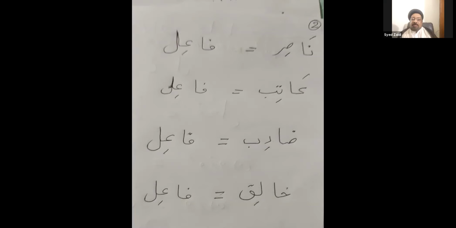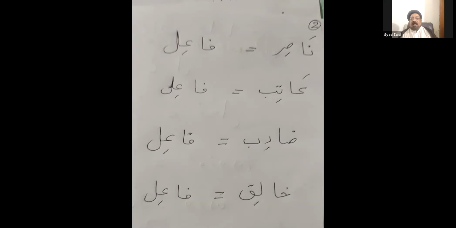Once we bring it into the templatic system, with the pattern that we have discussed before, you see katib, which means the writer. That is the mawzoon, and the wazn, the scale, would be fa'il.